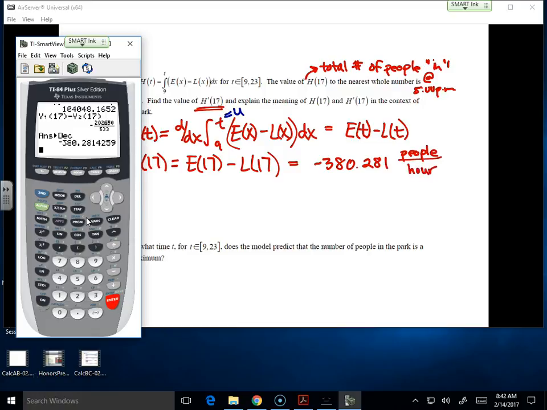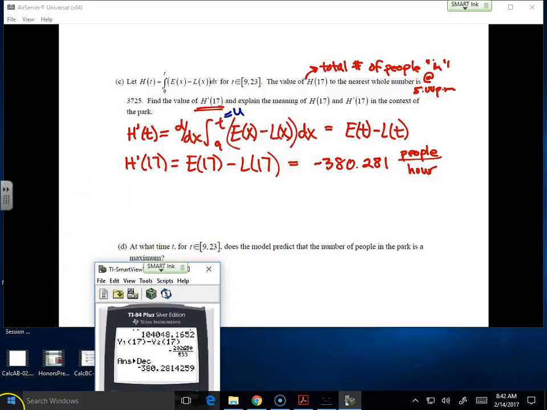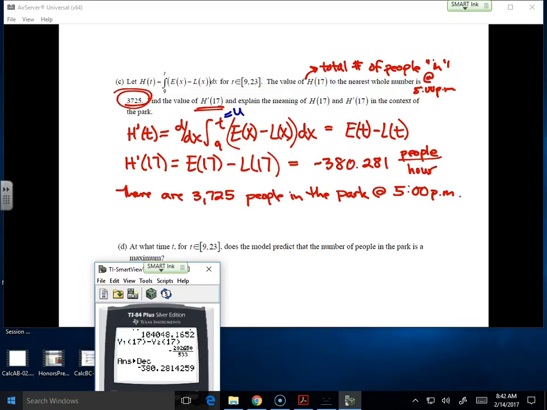So now how do we explain it? You say, well, what am I interpreting right now? Where did I get 3,725? I'm just explaining that's the total number of people in the park, right? So there's 3,725. My English people, you get to write a little story.